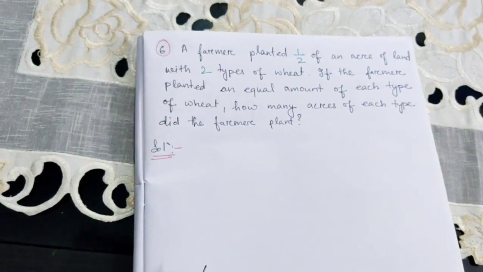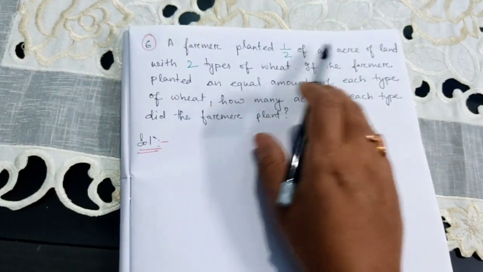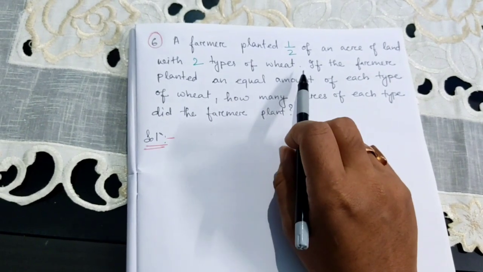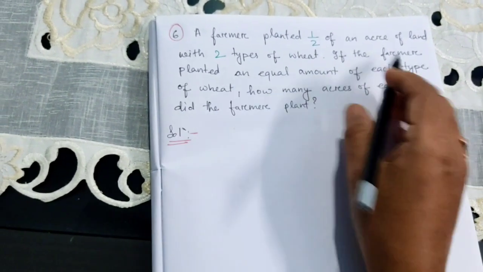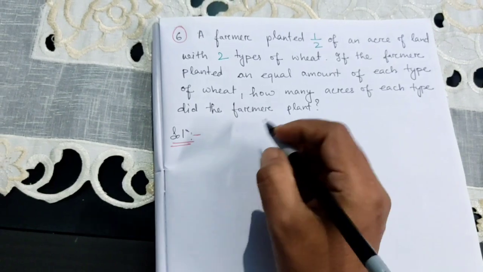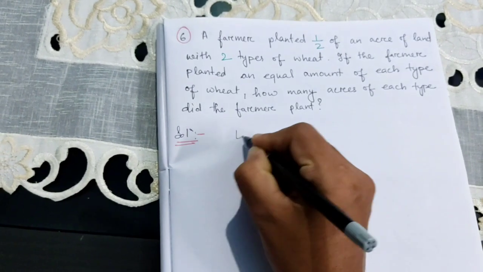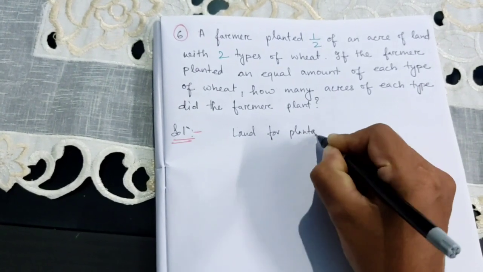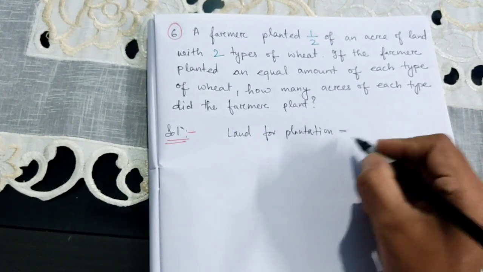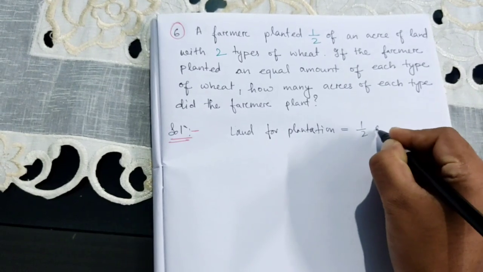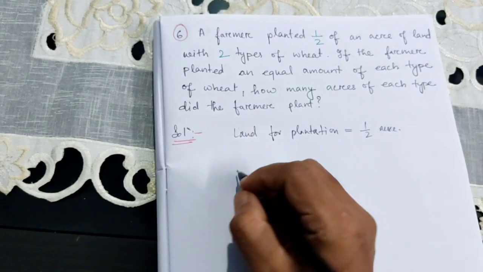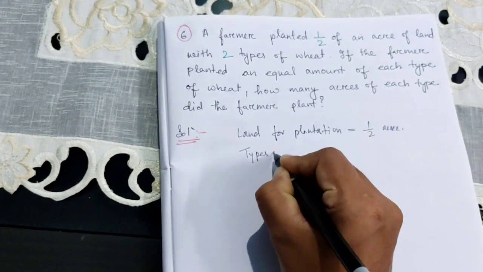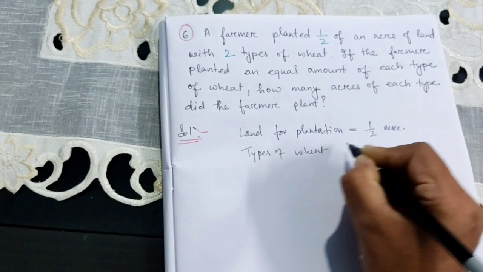First of all, you will have to write what is given in the question. The land of plantation is half acre, and the types of wheat is 2 types.